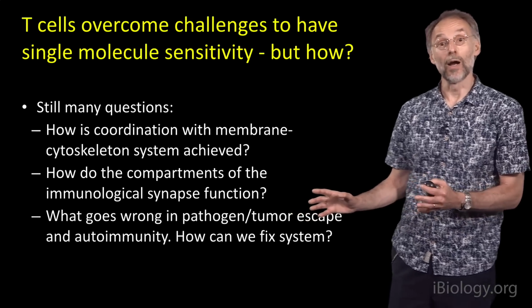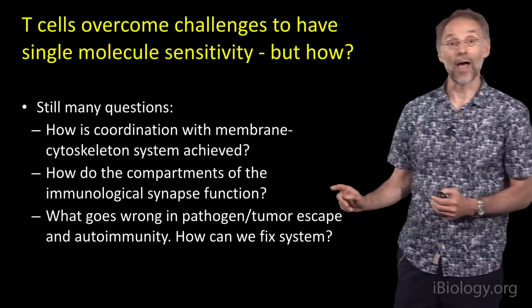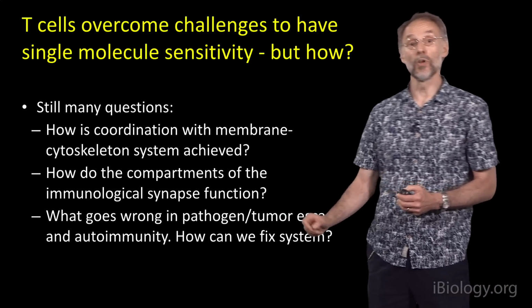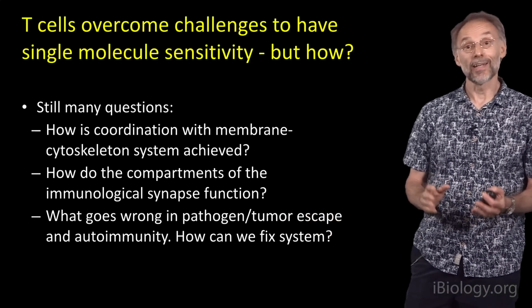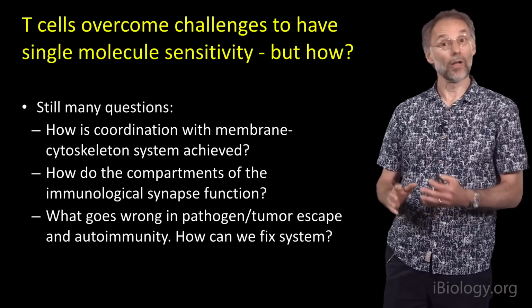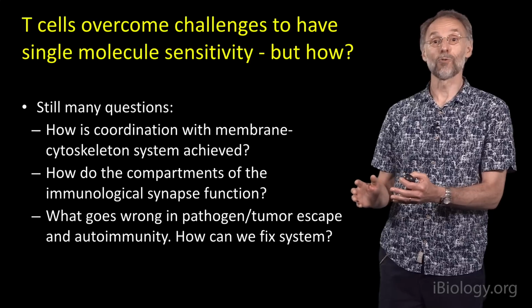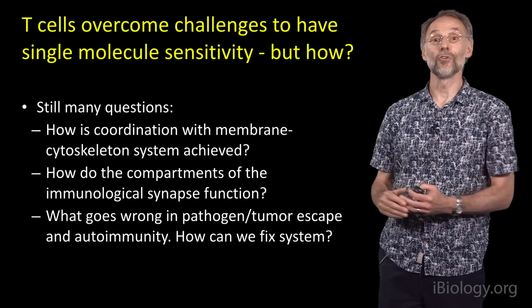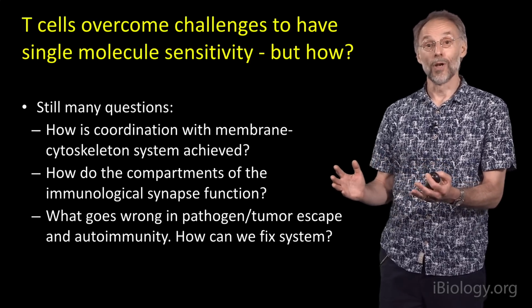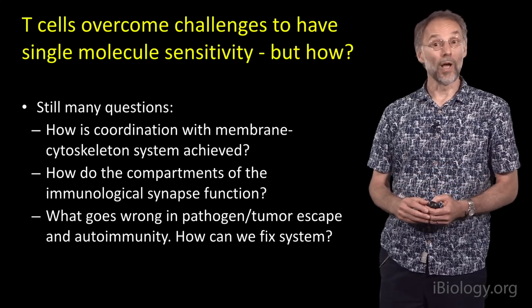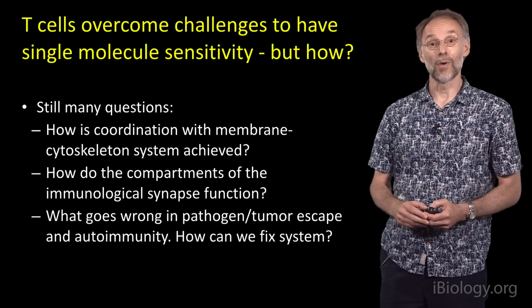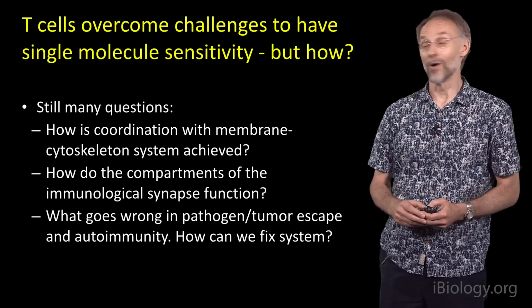And what goes wrong when the system fails? Like when you have pathogen or tumor escape or autoimmunity, what's going wrong and can we fix it? So these are all very important questions that we're trying to deal with using these artificial platforms, in vivo imaging approaches, and trying to develop new ways to study this process in vitro and in vivo.